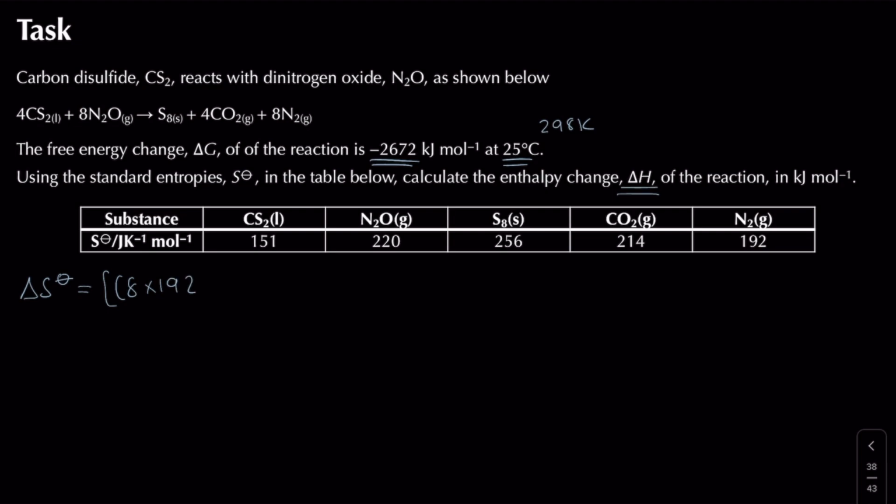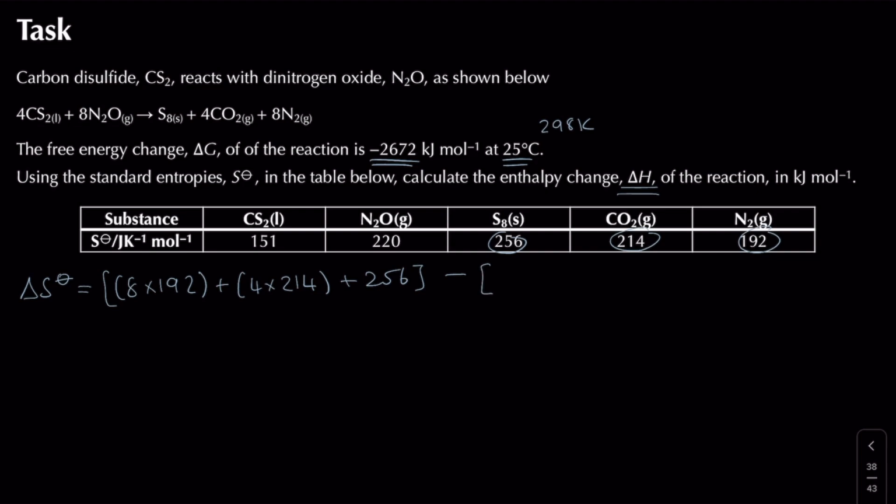I've got 8 times 192, and that's going to be added to my value of 214, but of course I've got 4 lots of 214, and then of course I'm going to add a value for sulfur, which is 256, and there is my actual products done. Yeah, so I've done these 2 values as well as nitrogen there so far.